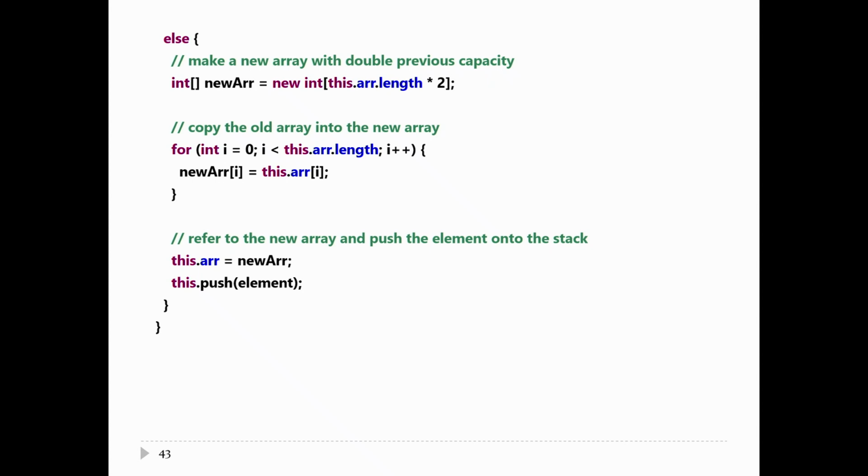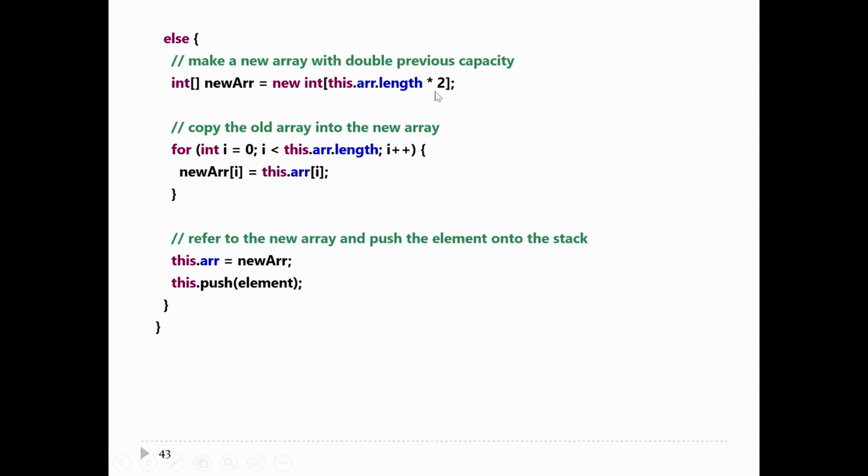If I then push another element onto the stack, I have to reallocate the array again, so again it's O(n). I have to allocate space for one more element, copy the existing array into the new array, which is big O of n, and then push the element onto the stack.